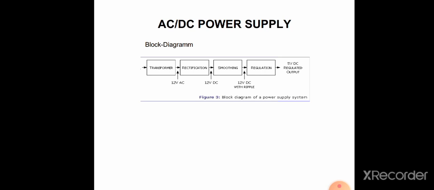That is, 230 volt 50 hertz is not necessary for our application, and whatever amount is required is stepped down with the help of the transformer. So the transformer's function is to either step down or step up the AC signal, which is required for our applications.